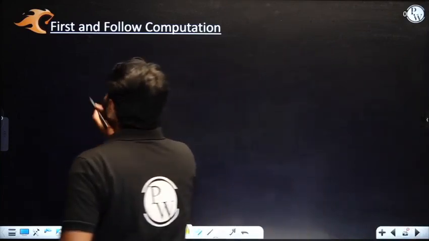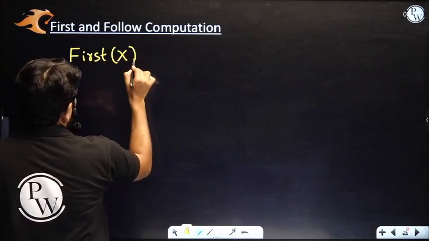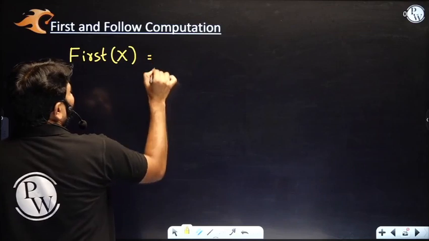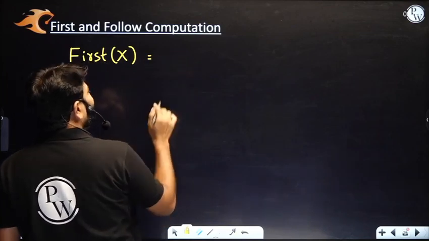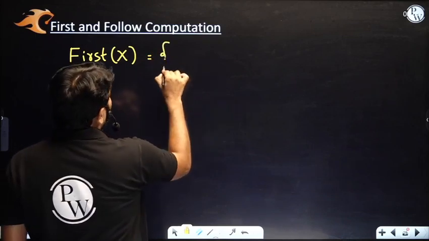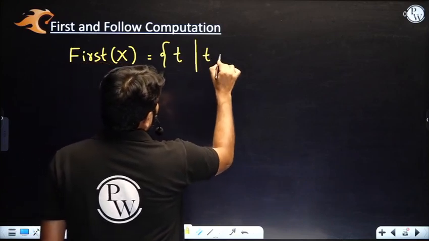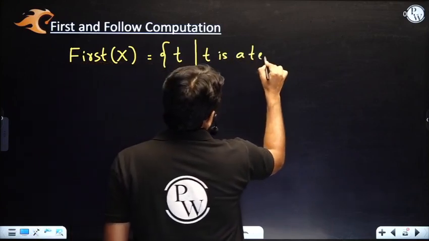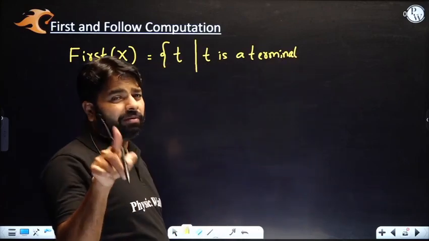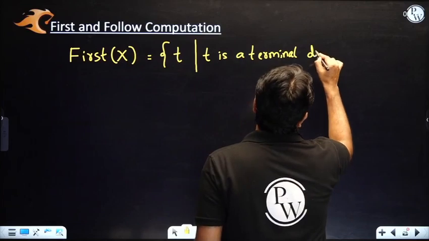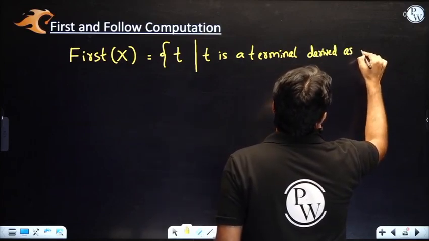A definition: what is the first of X? Let me write in theoretical line, or I will write a mathematical formula, do not worry about it. T means terminal. I want every T, where T is a terminal which is derived from X as the first symbol.